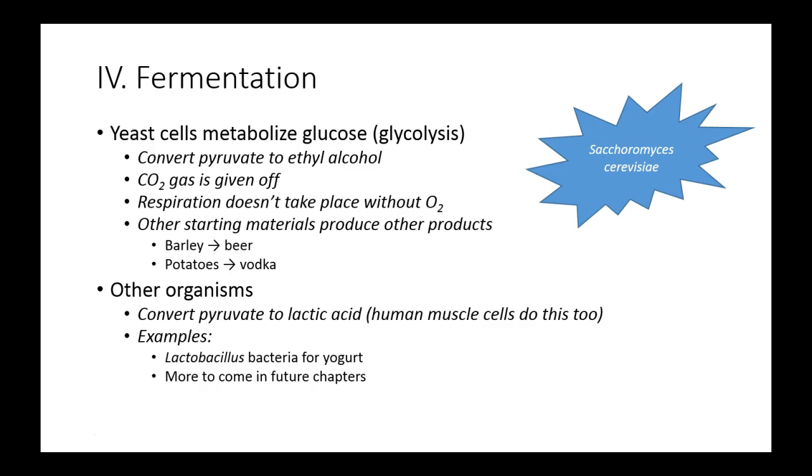And so respiration can't take place without oxygen. So if respiration is not possible, then fermentation will take place as well. So not as much energy is generated, but it's still a useful process to be able to use. And again, our cells are able to ferment if we're doing an anaerobic activity like a sprint or something like that. We can still get a little bit of energy from that, but we can't build that.